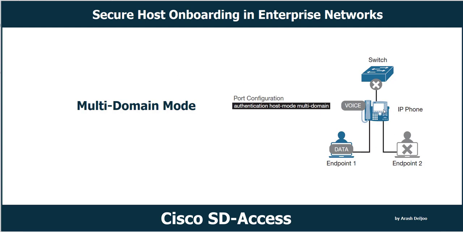As you can see, this is the IP phone and the endpoint behind the IP phone. Even though they are connected to the same port, the IP phone is placed in the voice VLAN and the host is placed in the data VLAN as per the policies pushed by the authentication server. Any second MAC address, like the MAC address of endpoint 2, detected on the data or voice domain results in a security violation.